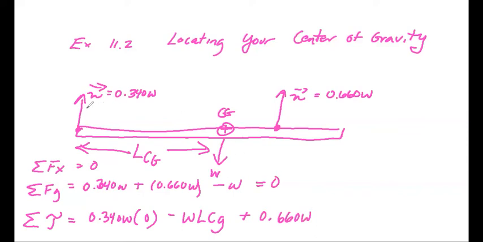And we were given in the problem that this distance is 1.53 meters, times 1.53 meters, equals 0.